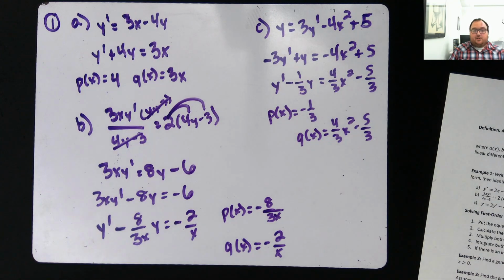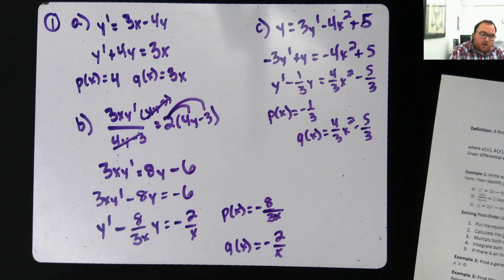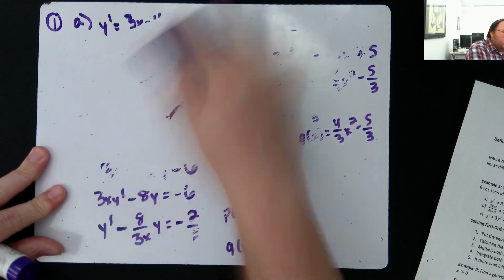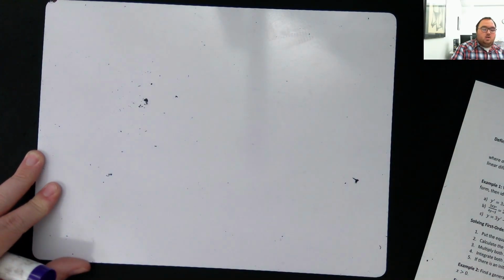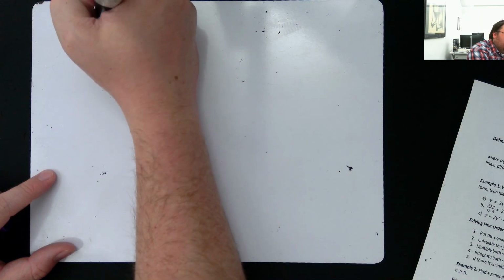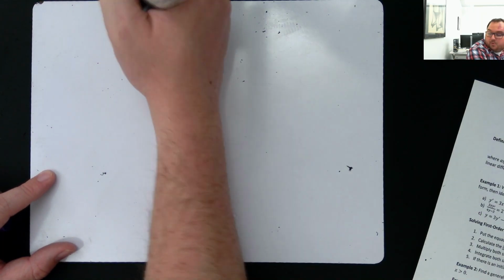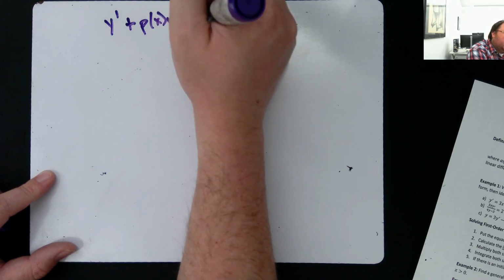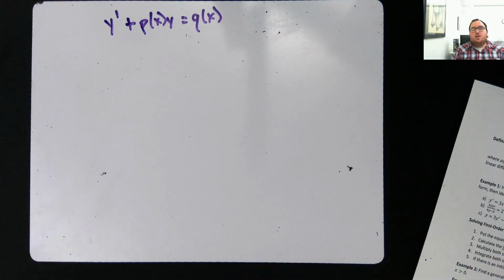So now let's actually learn how to solve these for the y, okay? So once I'm in standard form, which is what I want, which again, I'm just rewriting it for the purposes of what I'm fixing to do. Standard form is y prime plus p of x y equals q of x.